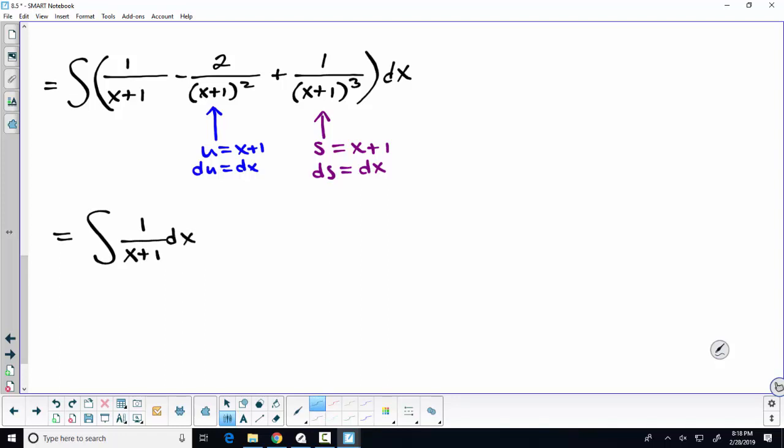We have that one. We have -2 times the integral, and then this is going to be 1 over u squared, so we'll call that u to the -2. This one's going to be 1 over s cubed, so it's s to the -3 dx.